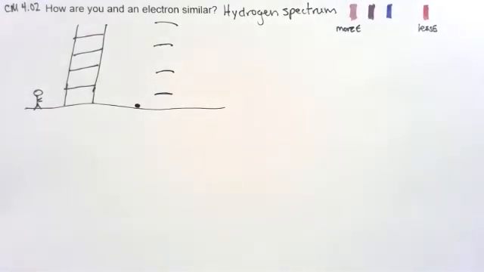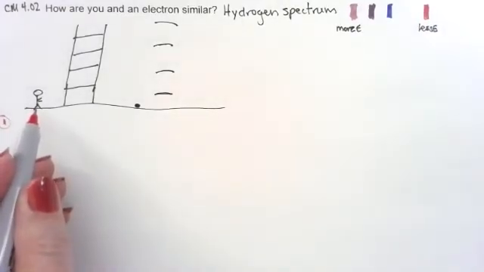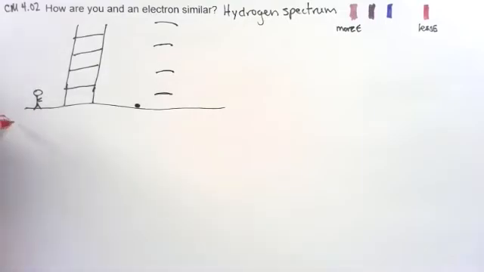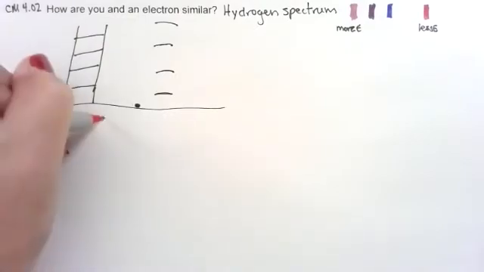All right. So to start off with, we're going to talk about the similarities between the two. Similarity number 1. Before you climb a ladder, you start from the ground.